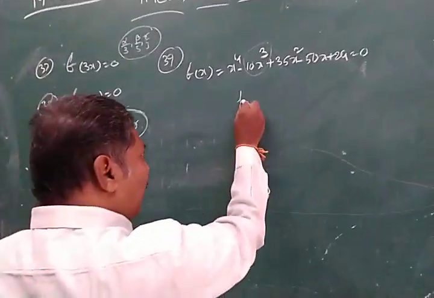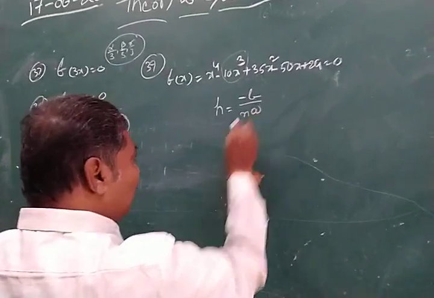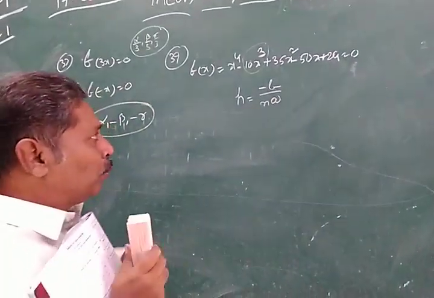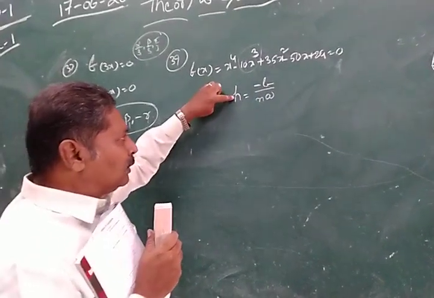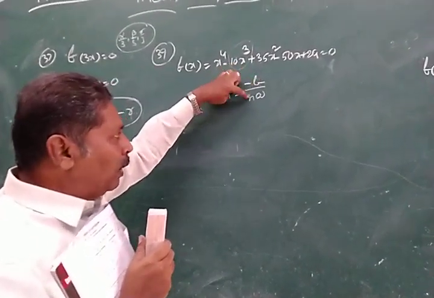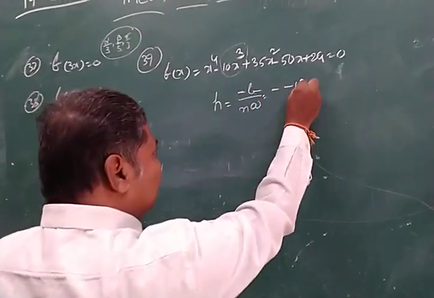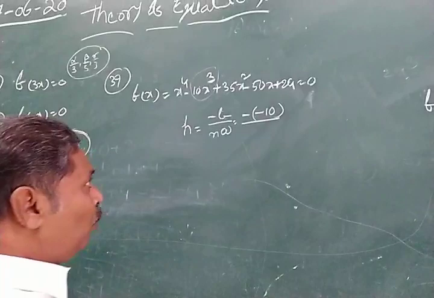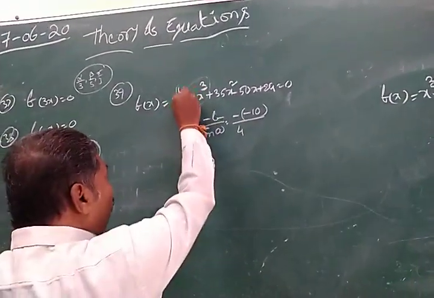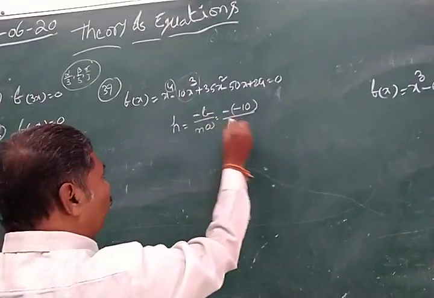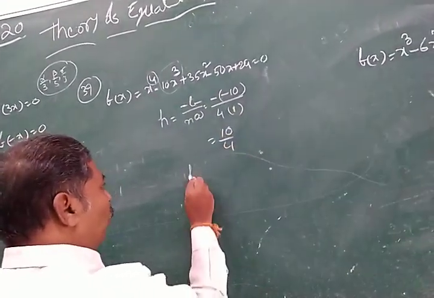So second term h equal to minus b by na. To remove the second term, h value is minus b by na. That is minus b value minus 10, a value 1, n value 4, 10 by 4.